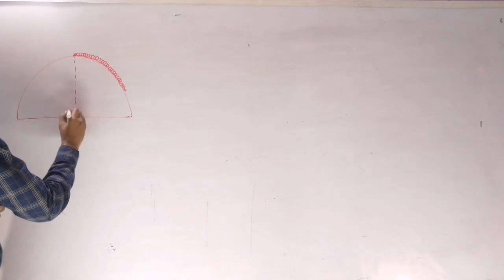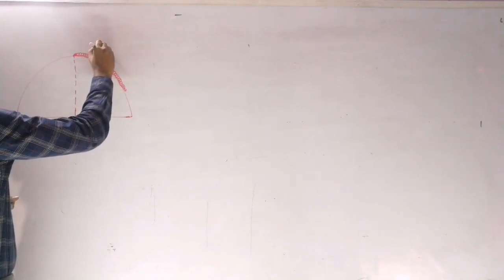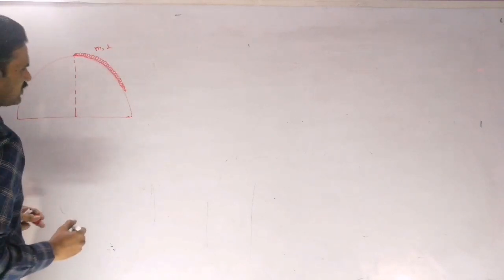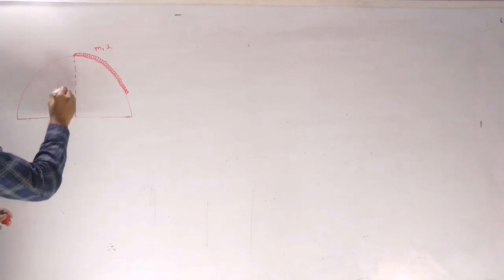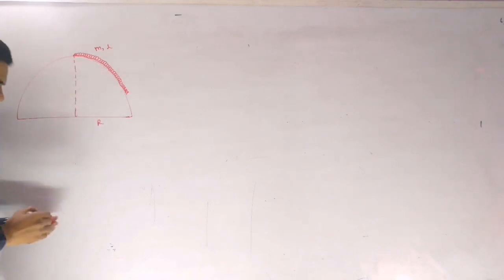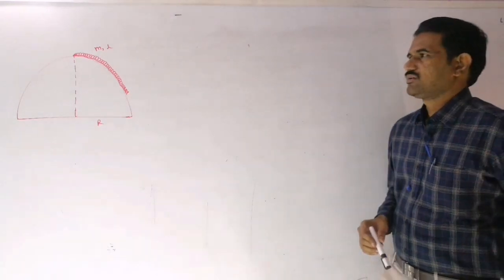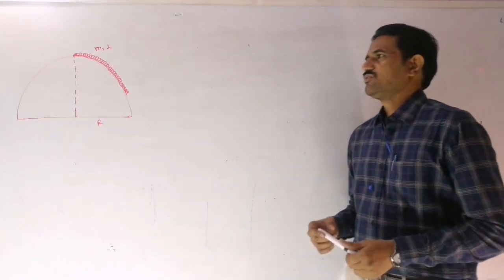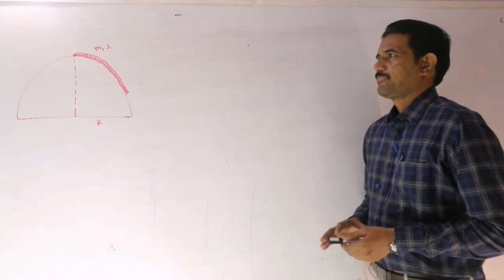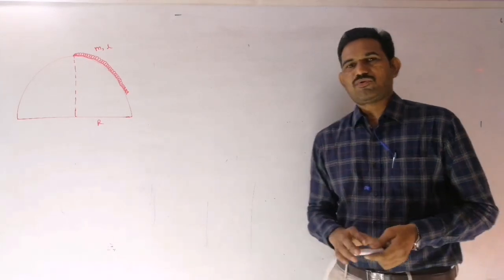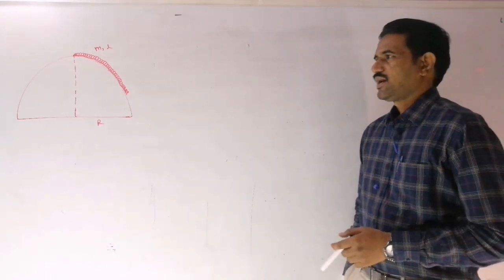The radius of this hemisphere is r. So write that problem: a uniform chain of mass m and length L is placed on the top of a hemispherical bowl of radius r as shown in the figure.